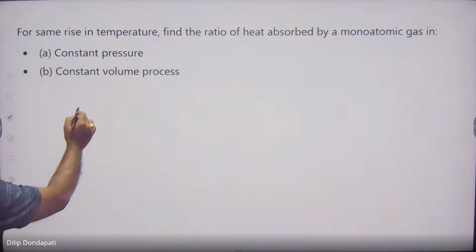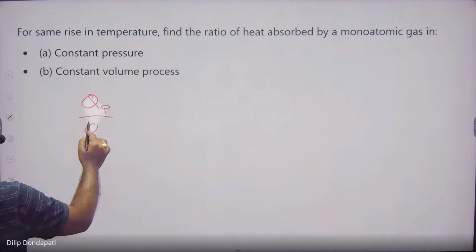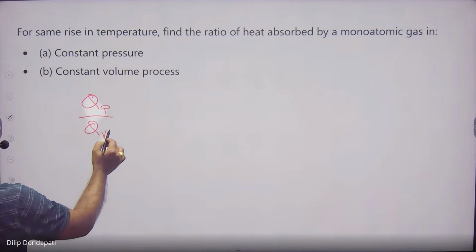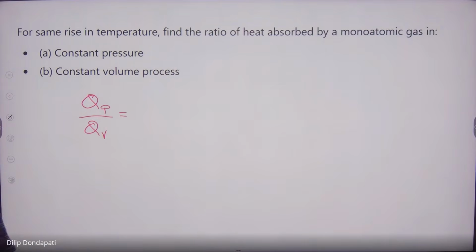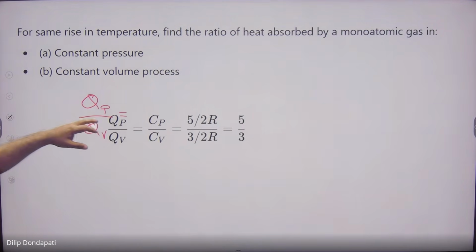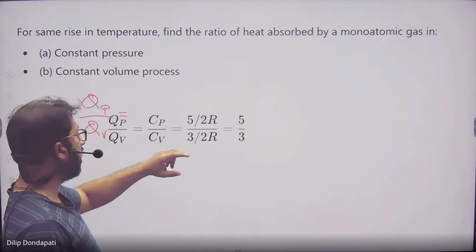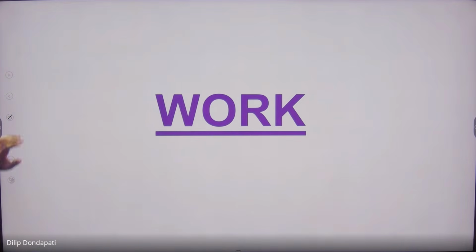Heat absorbed by a monatomic gas at constant pressure by heat absorbed by the monatomic gas at constant volume. So is it 5 by 3? Yes, correct. Because Cp by Cv, right? वो formula मालूम है ना, वो use करेंगे: f by 2 plus 1 times of R by f by 2 R.